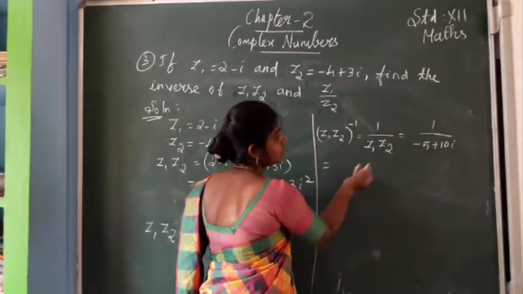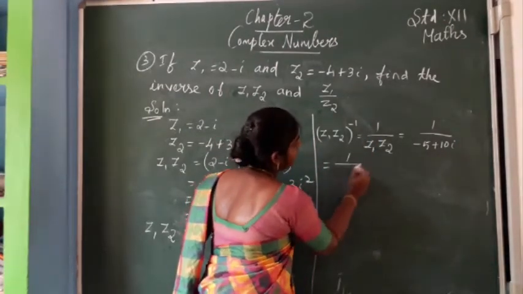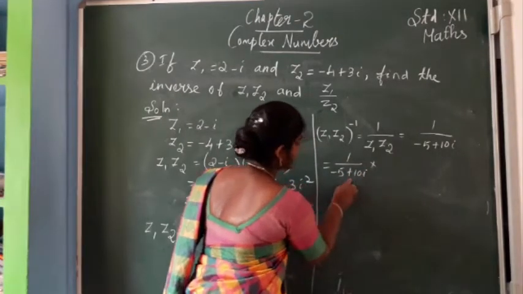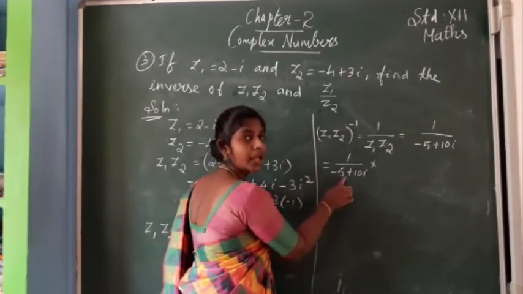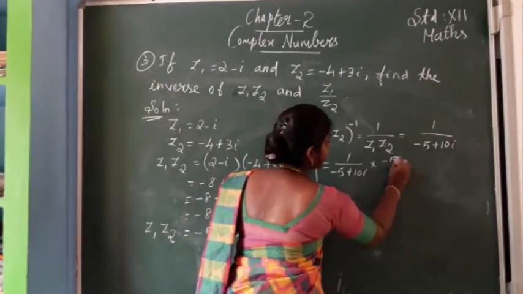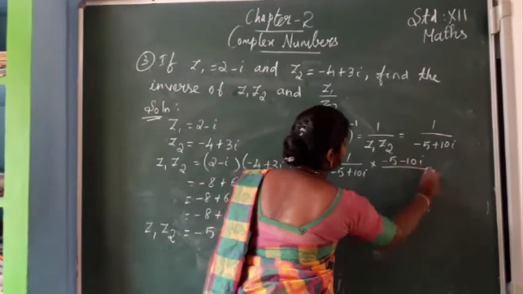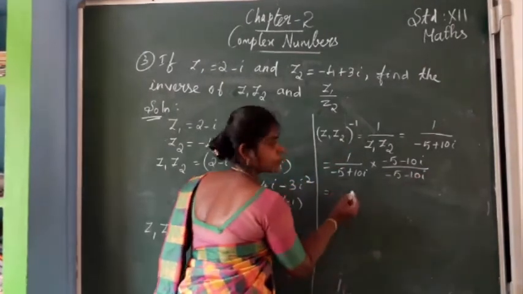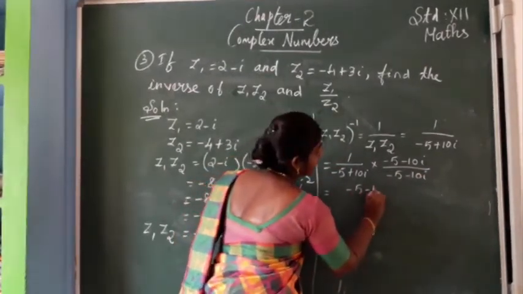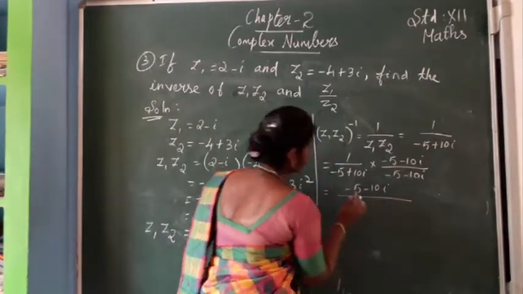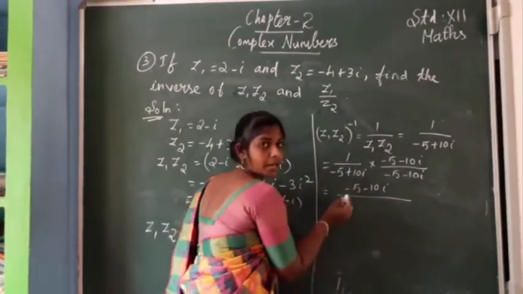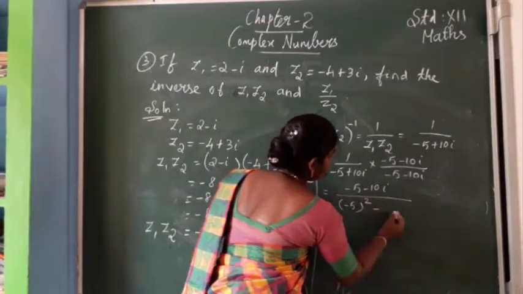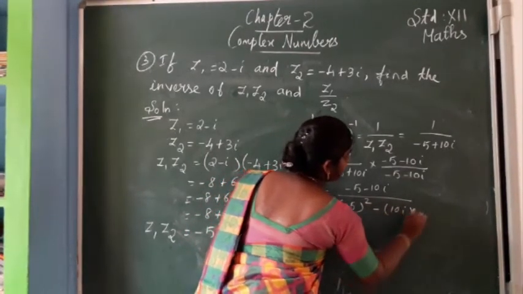That's equal to, take the conjugate, 1 by minus 5 plus 10i into conjugate, minus 5 minus 10i divided by minus 5 minus 10i. That's equal to minus 5 minus 10i divided by, use the formula a square minus b square, so minus 5 the whole square minus 10i the whole square.